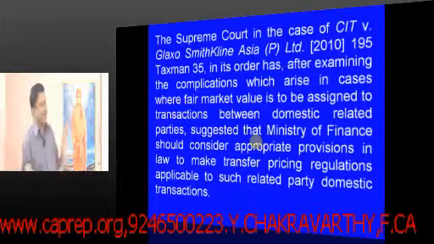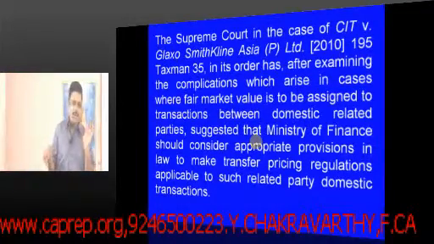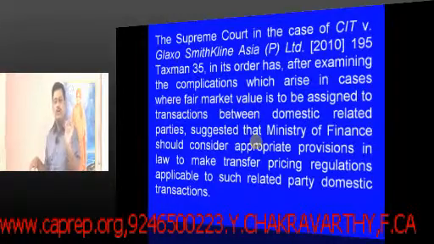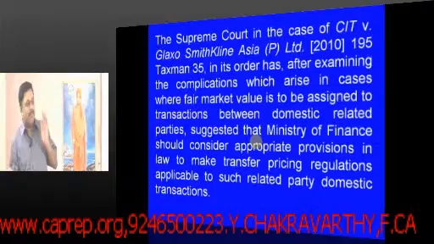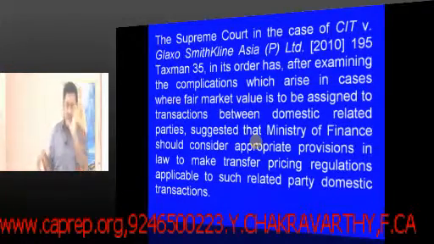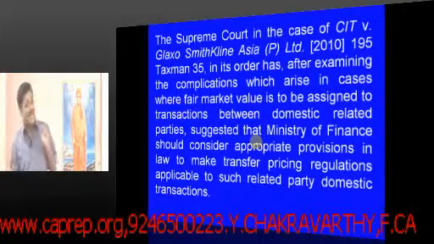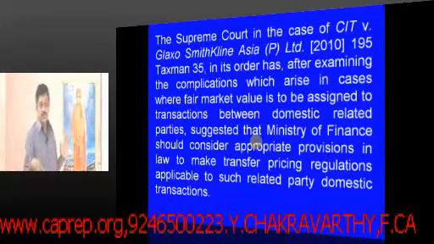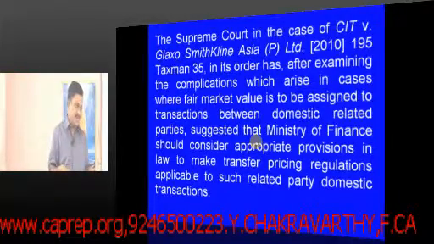That made the Supreme Court suggest to the Ministry of Finance that 40A2 is a super duper section, but you kindly prescribe a procedure by which you find out the unreasonable and excessive amounts. That's where they have brought the concept of arm's length price.